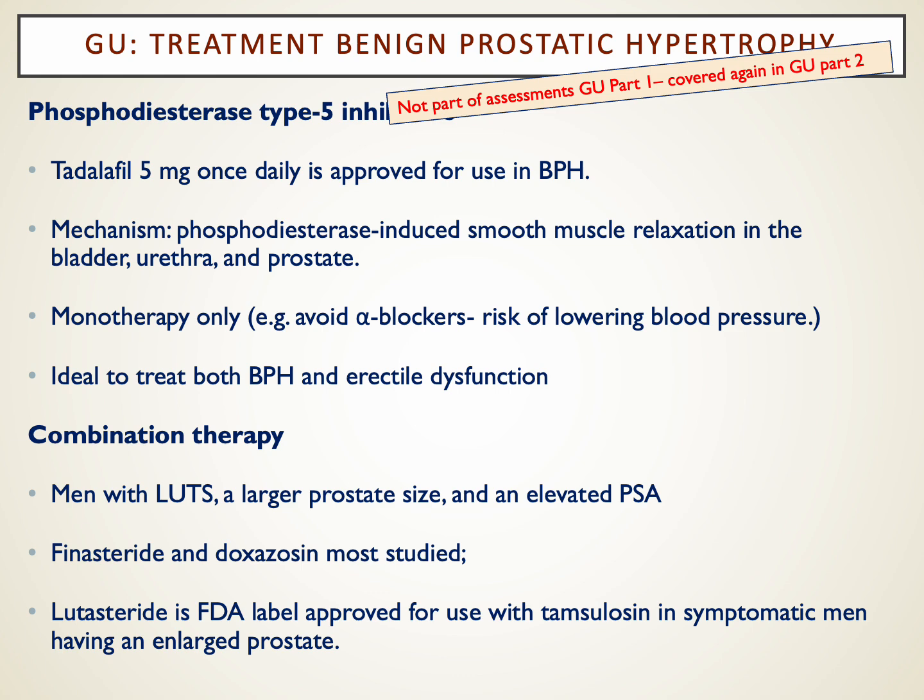So you pick one or the other. Either you pick an alpha blocker or you pick a phosphodiesterase inhibitor, typically not both. Now, there is a role for combined therapy. Usually what you'll see is finasteride plus one of these other vasodilating agents, but not typically two vasodilators.